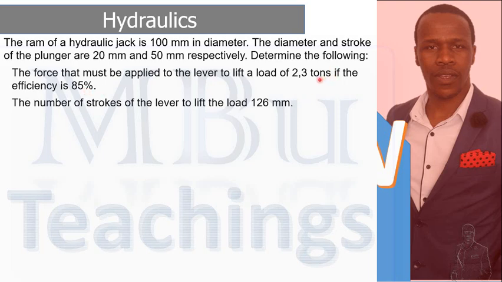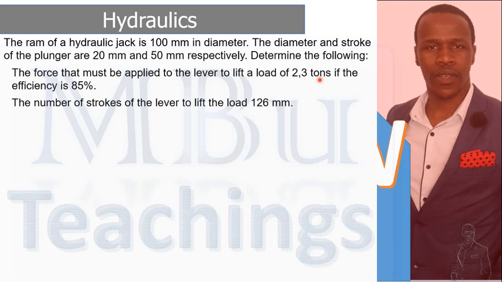Obviously this is a mess, isn't it? So if it is a mess, then we need to change it into a force in newtons. How to do that? It's given in tons, so we must multiply by 1000 because 1 ton is equal to 1000 kg. So multiply by 1000 to change it from tons to kg. Now from kg you multiply it by 9,8 to change it from kg into newtons.